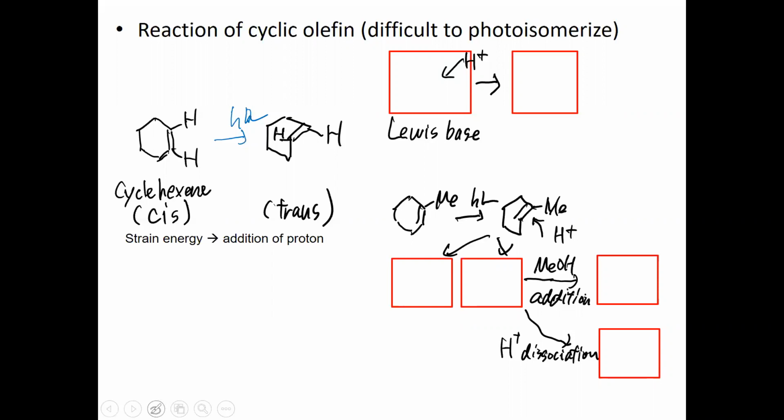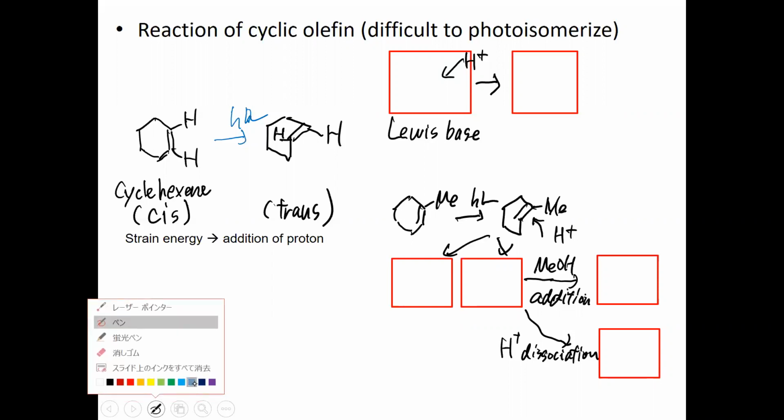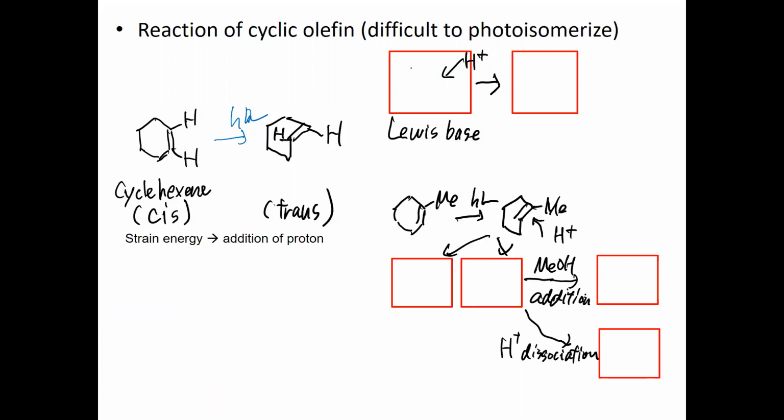So in this case, for example, the double bond has the ability of a Lewis base, accepting a proton, and that makes a carbocation species.